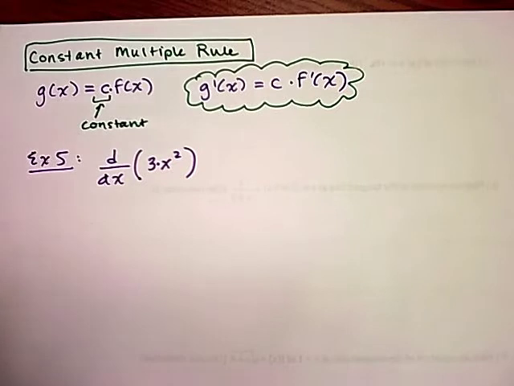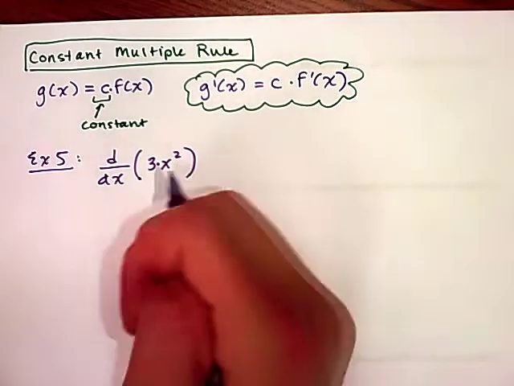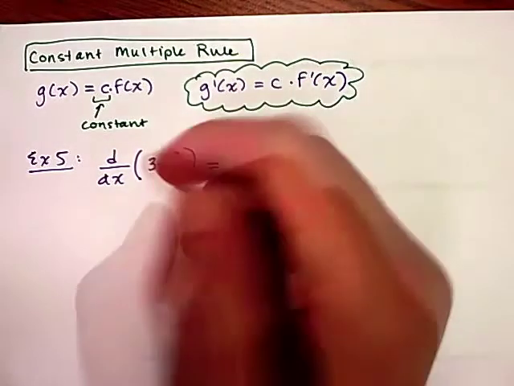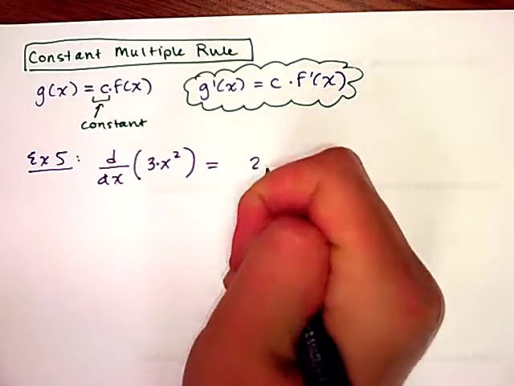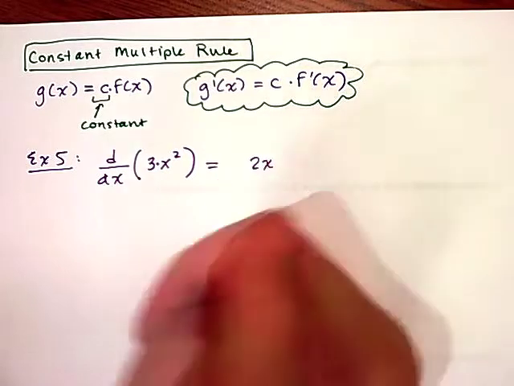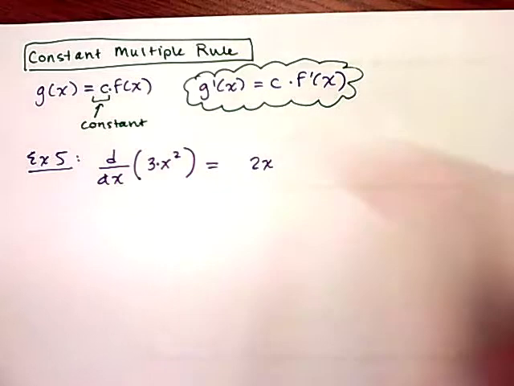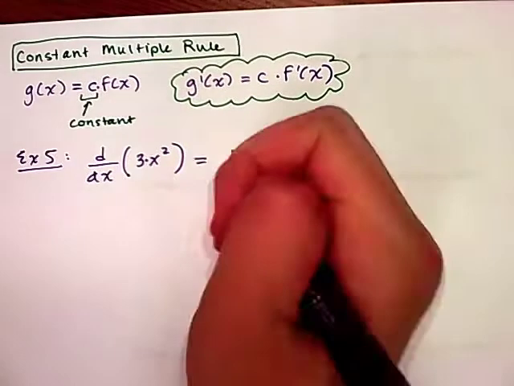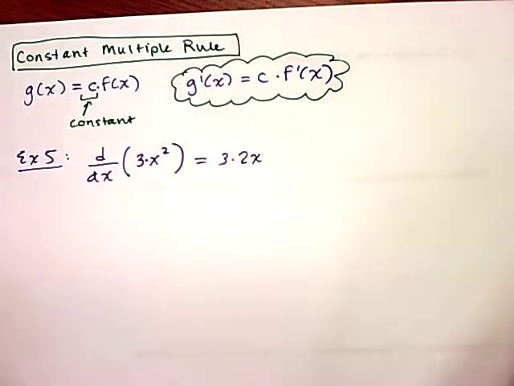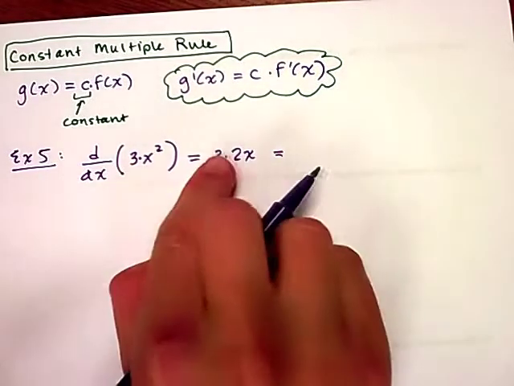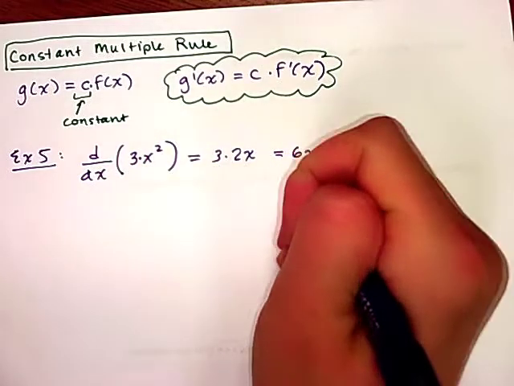I can use the power rule for the function x squared, so I know that the derivative of x squared is: bring the 2 out front, write your x, and my new exponent is 1 less than my old, so 2 minus 1 is 1, so I don't even need to write anything. I'm just going to take that and multiply it by 3. So I bring the 3 over, and this becomes 6x.